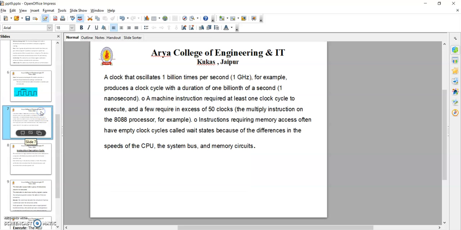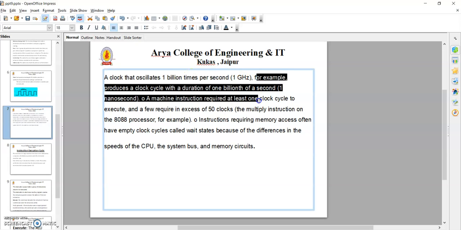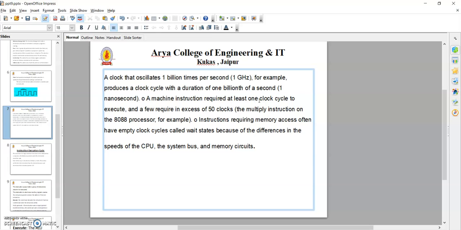So what is the clock doing? A clock that oscillates 1 billion times per second is almost equal to 1 gigahertz. For example, it produces a clock cycle with a duration of one billionth of a second, which is equal to 1 nanosecond. A machine instruction requires at least one cycle to execute, and a few require in excess of 50 clock cycles.